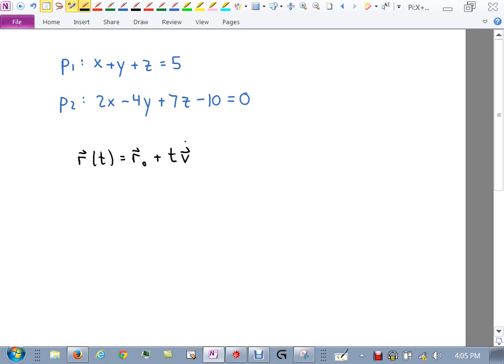So for example, I'm trying to find r naught right now. I'm going to let x be equal to 0. If x is 0, what does plane 1 give me? y plus z is 5.